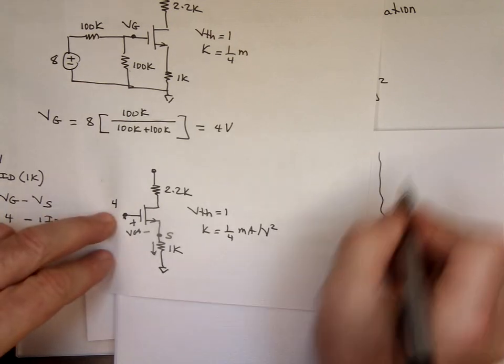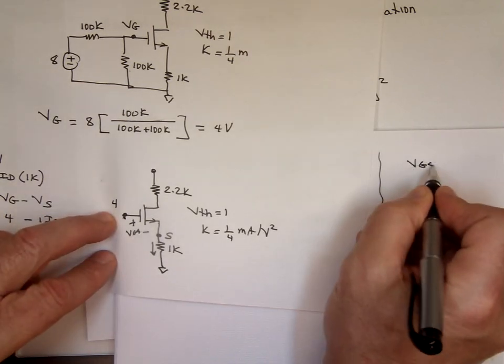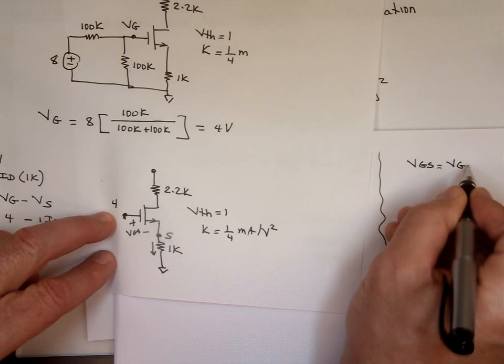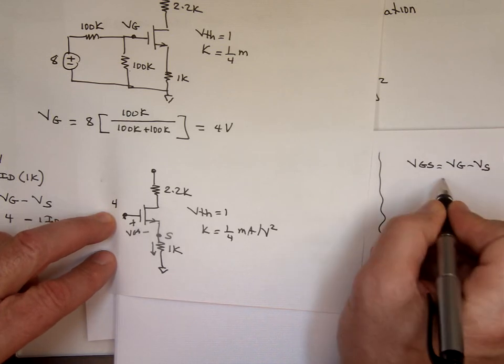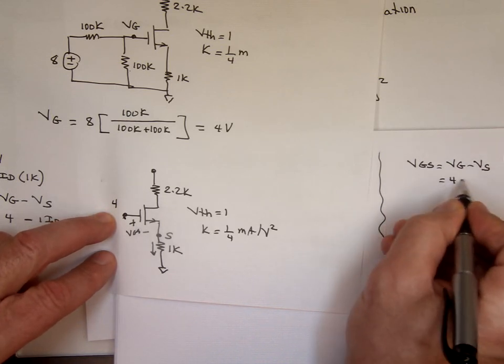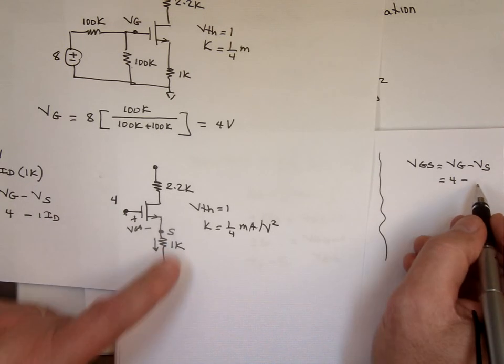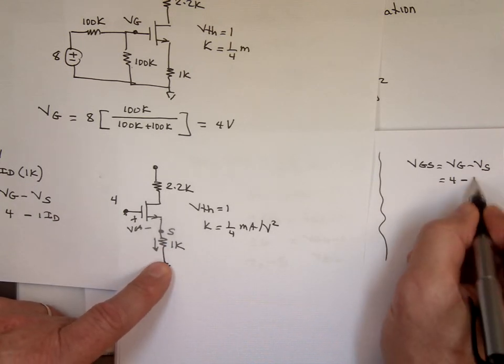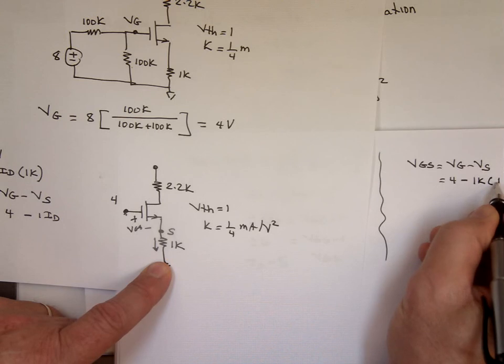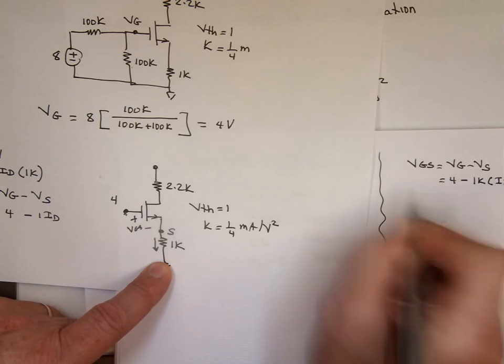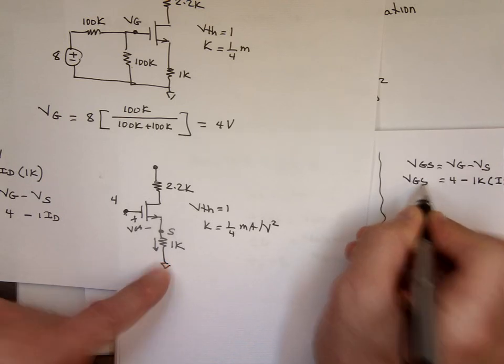Just looking at it, it's actually VG minus VS. And VG is 4 volts, and VS is what? VS is 1K times I sub D. Notice how much easier this one is than that one.